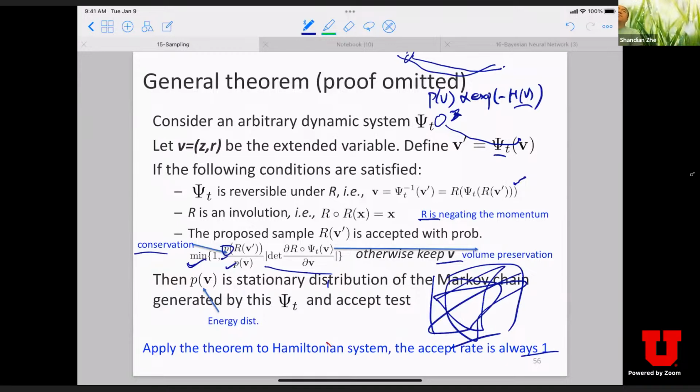Any guess? Yes. Because those are just the ideal, theoretical properties. If you can exactly simulate the Hamiltonian system, you can achieve all those good things. But the problem is that you are not able to exactly solve or simulate this system.